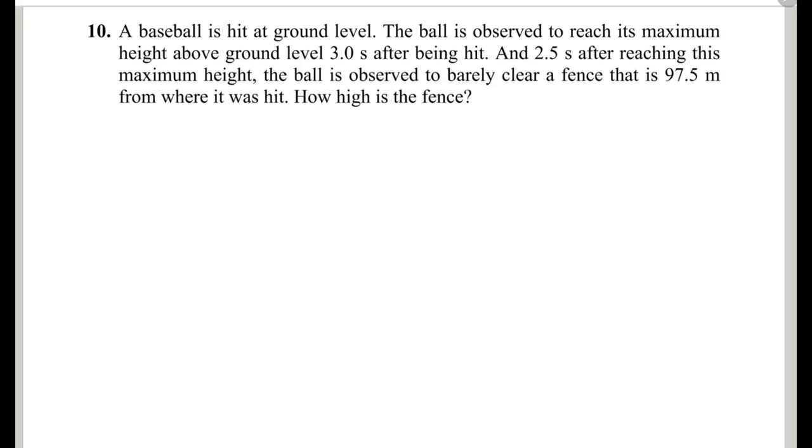Now, here's the situation. V final y equals the initial v y minus g t, and in this case, the final v y is equal to 0 at the maximum height. So the initial v y equals 10 times 3, or 30 meters per second.